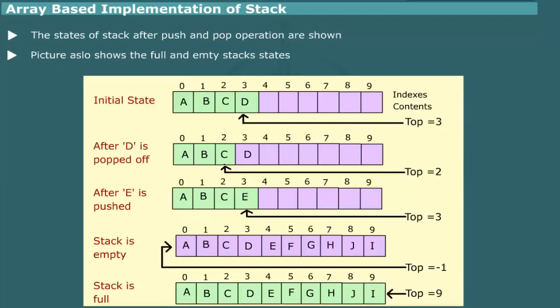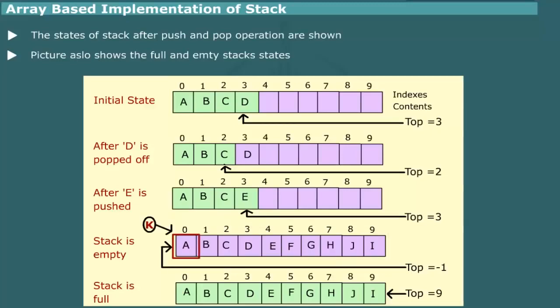Note that after an element is popped off the stack, only the variable top is decremented. The element may stay in the array as it would be overwritten when a new element is added. Thus, the value held by variable top rather than occupation of array cell determines the current status of the stack. This is more clearly shown in this figure, which represents an empty stack even though all the cells are shown to be occupied by previously removed elements.